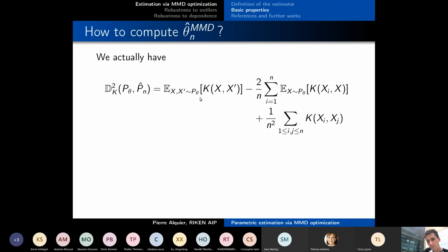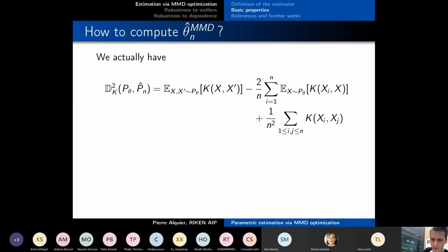But the third term here depends only on the data, but not on theta. So you don't actually have to pay attention to it. And the first two terms depend on expectations. But what is interesting is that they depend on expectation with respect to P_theta and not with respect to the true distribution of the data. Which means that if you can sample from P_theta, then you can have an estimation of this distance.